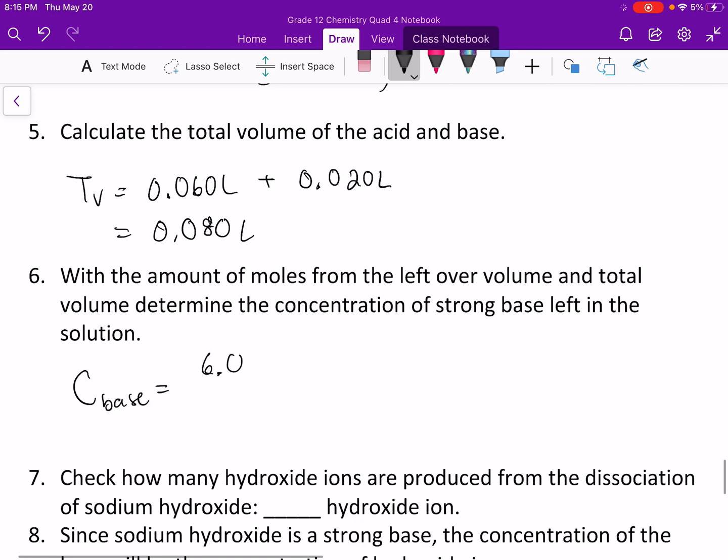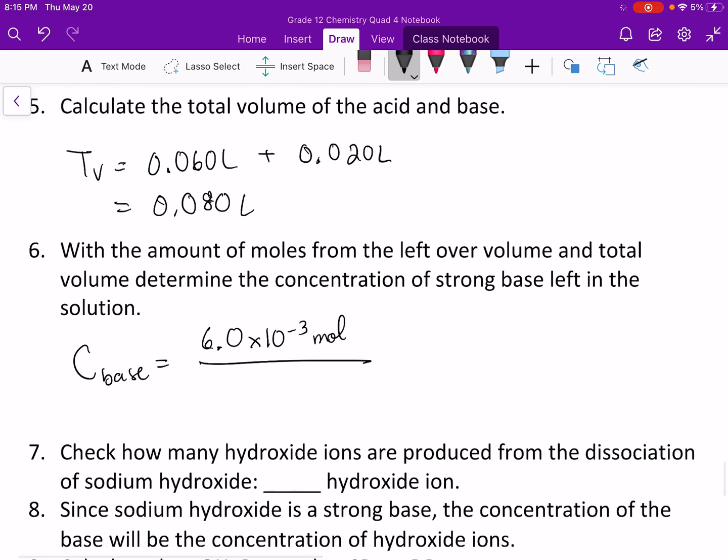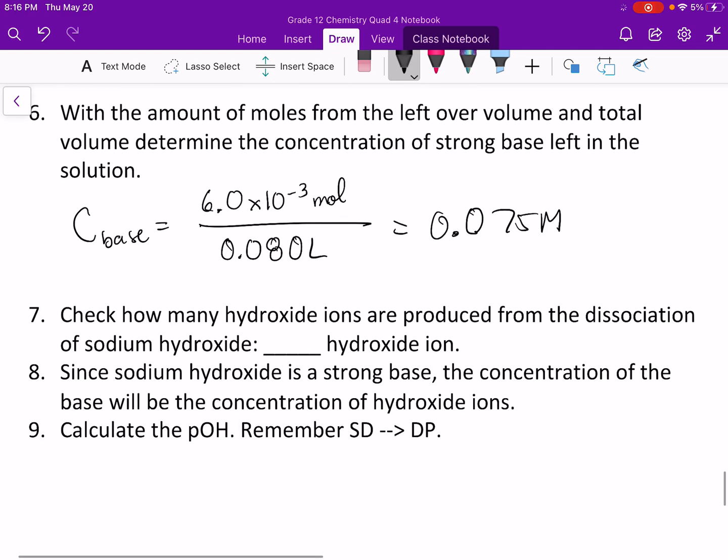I have a new amount of moles that's left when I have that 0.020 liters left over, and I have to take into consideration that I have 80 milliliters in total in my solution. This gives me a concentration of 0.075 moles per liter.